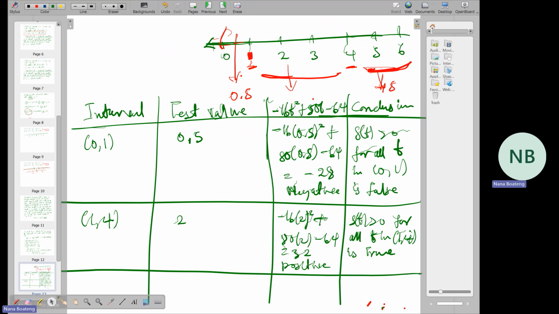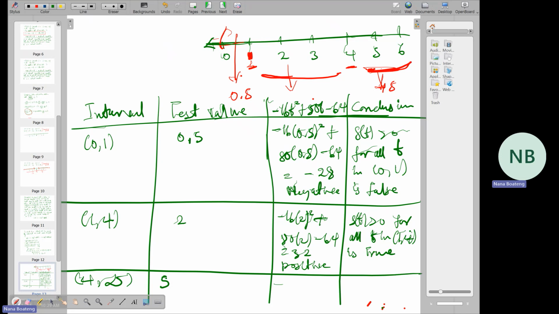And so the last interval is 4 and infinity. We can pick a test point of 5.